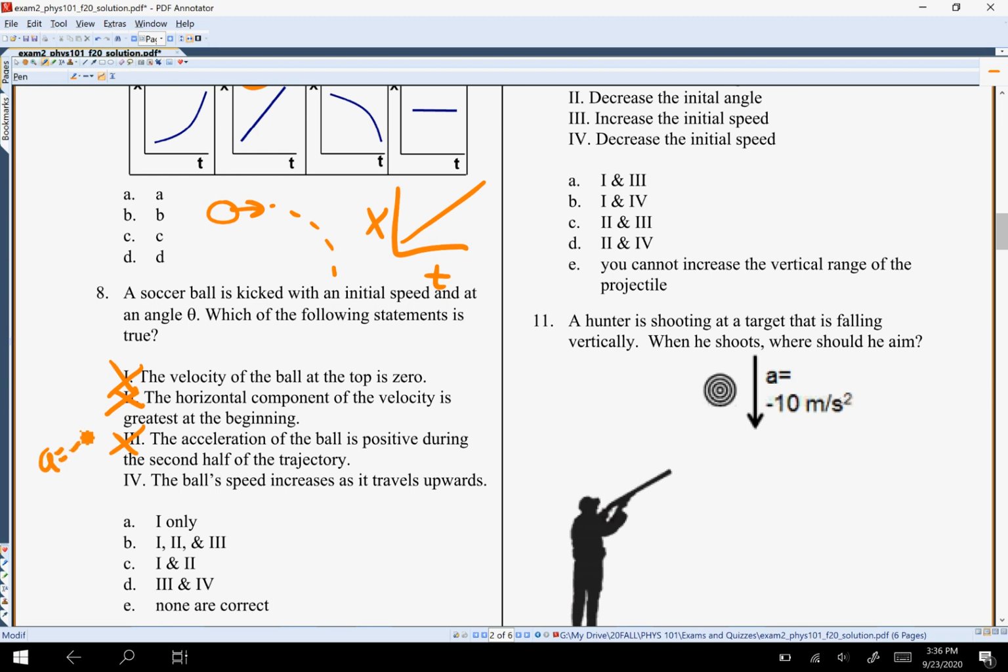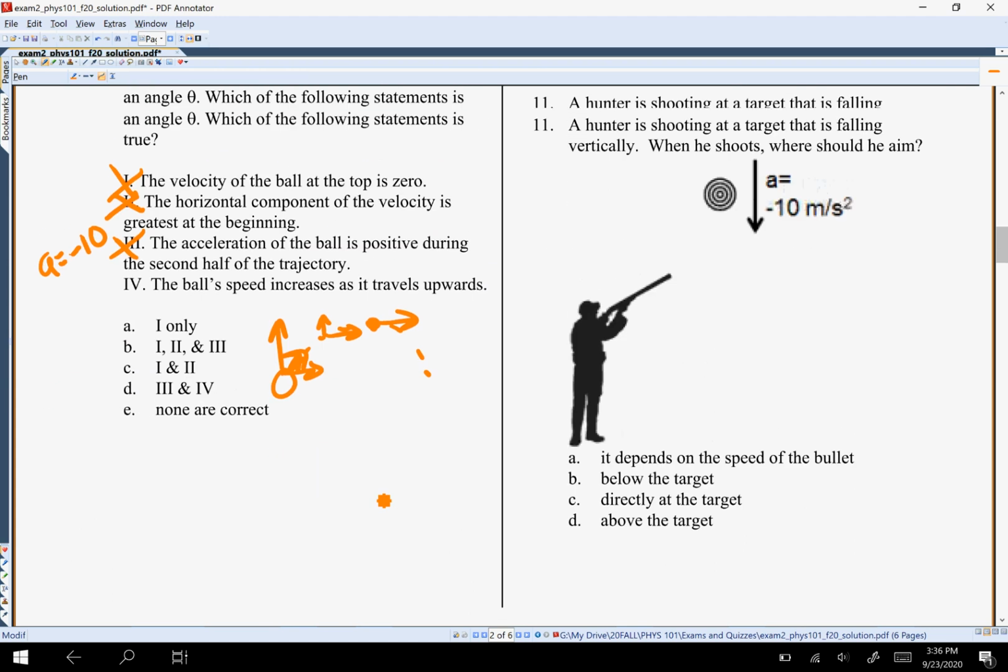In fact, the acceleration is always minus 10. The ball's speed increases as it travels upward. That's not true. The ball's speed starts out big, it gets smaller, and then it has its smallest value at the top of the trajectory. Again, the x component is always the same, but because the y component is decreasing as it goes up, the overall speed is also decreasing.